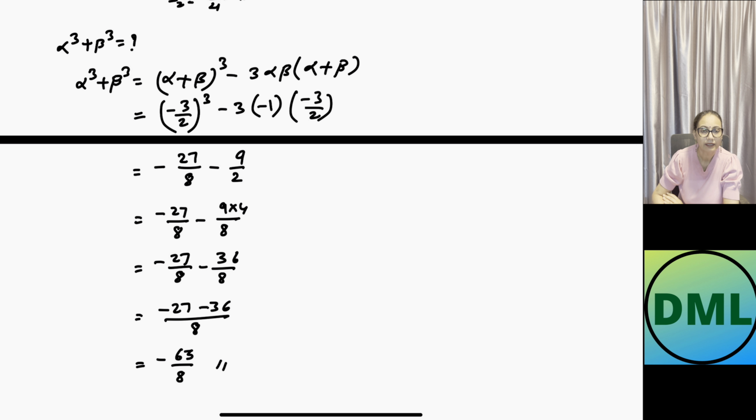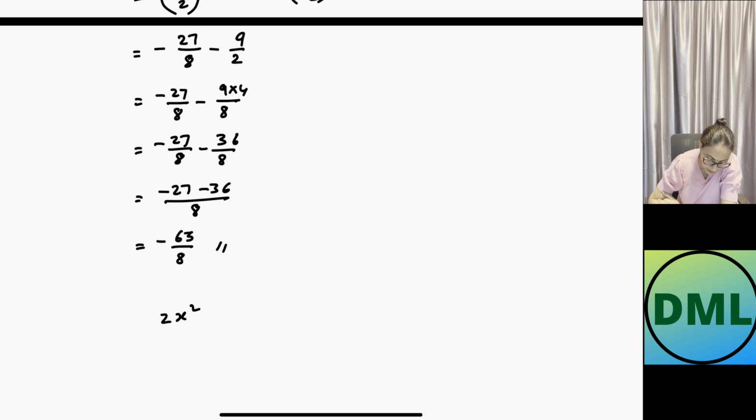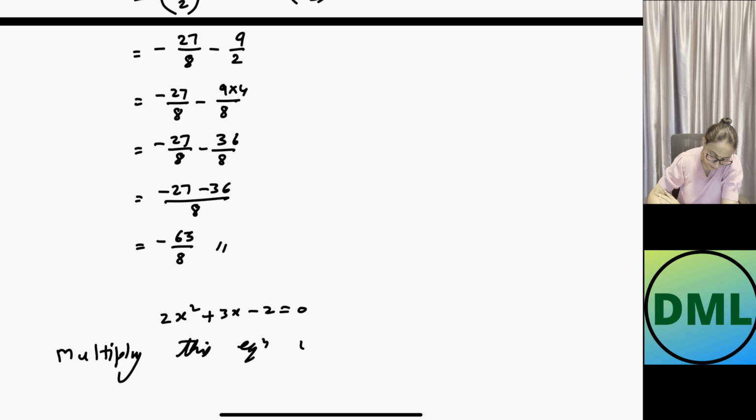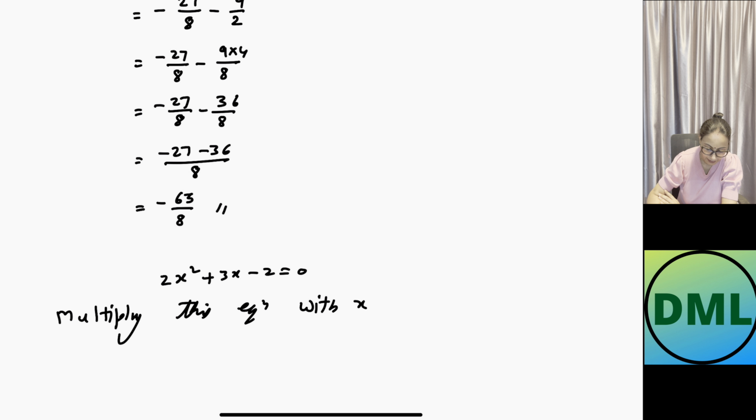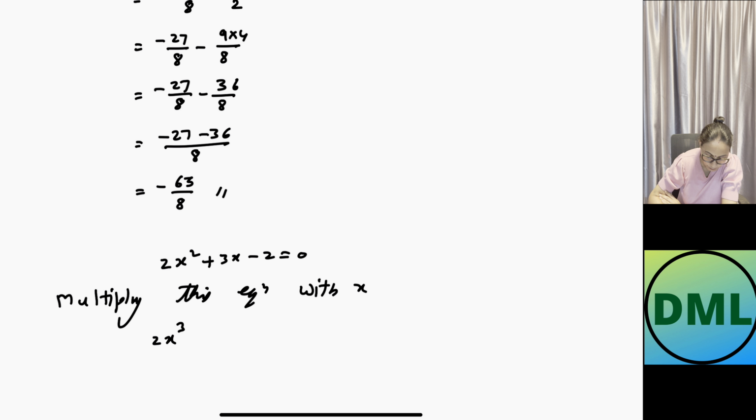Let's do the same question with a different method. Our equation is 2x square plus 3x minus 2 is equal to 0. I need to multiply this full equation with x. I will get 2x cube plus 3x square minus 2x is equal to 0.